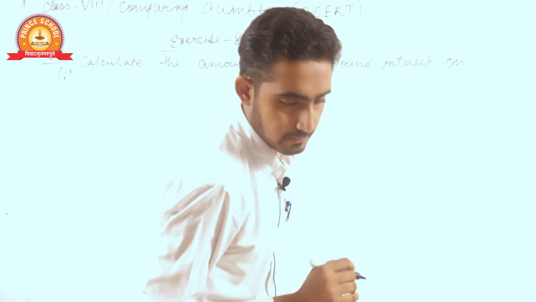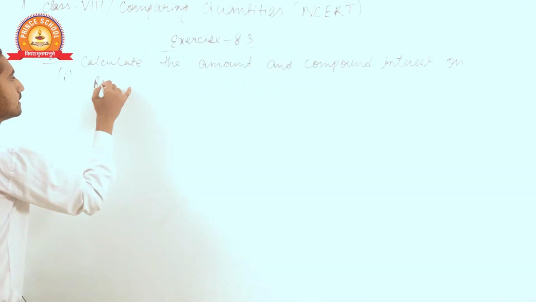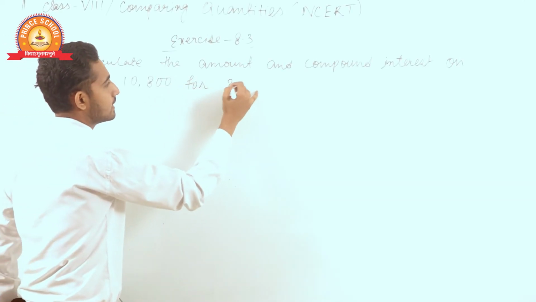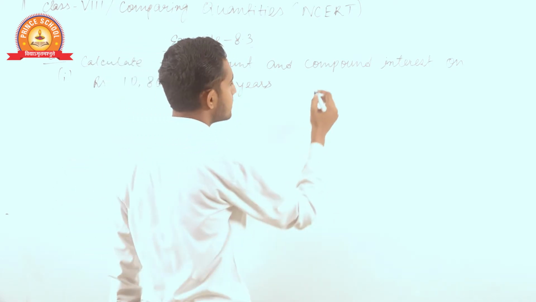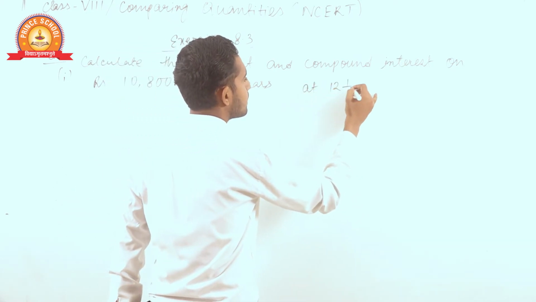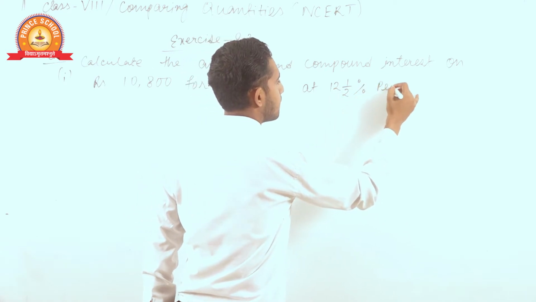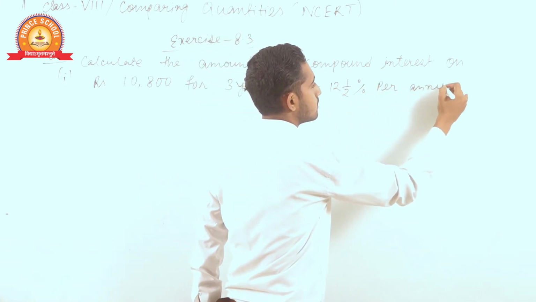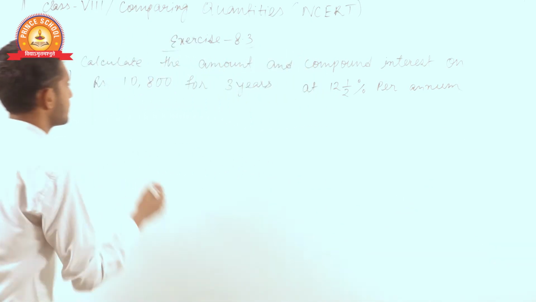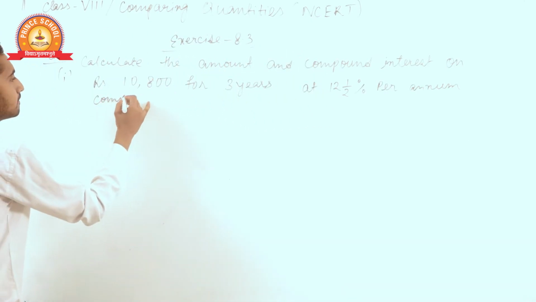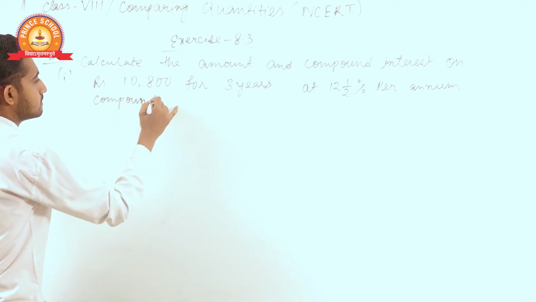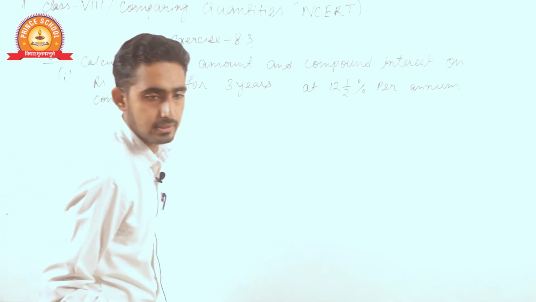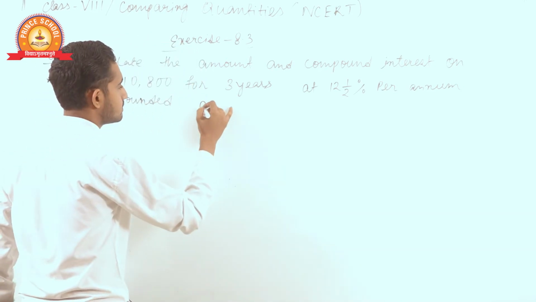First part is given: rupees 10,800 for 3 years at 12 and 1/2% per annum compounded annually.